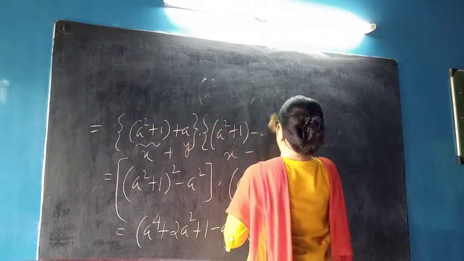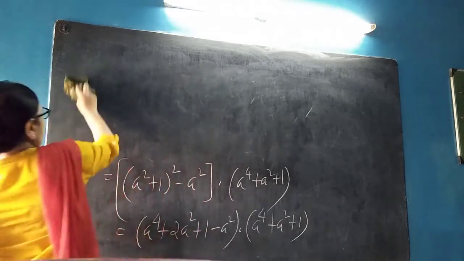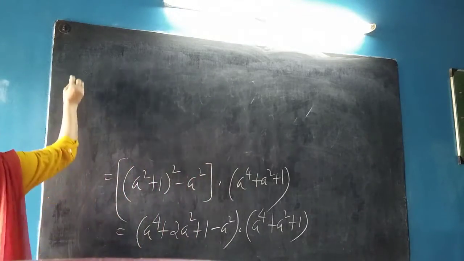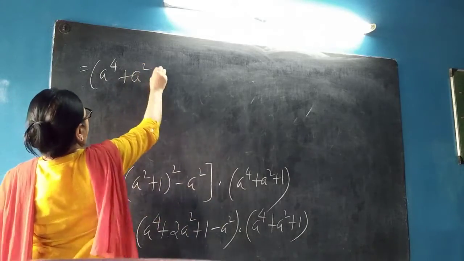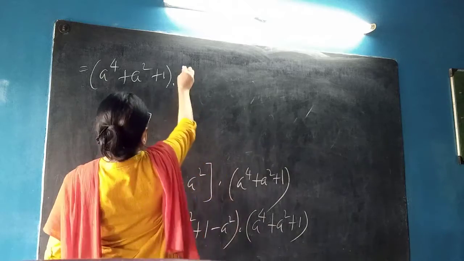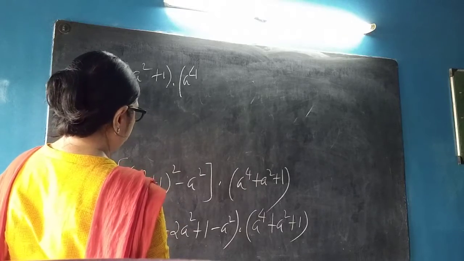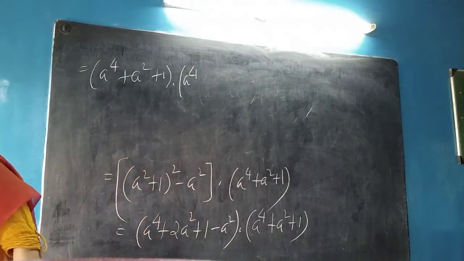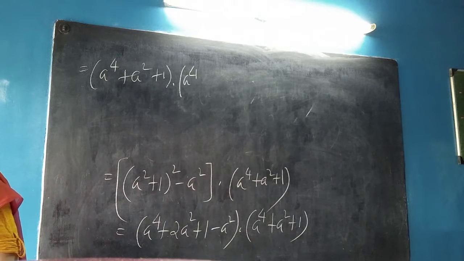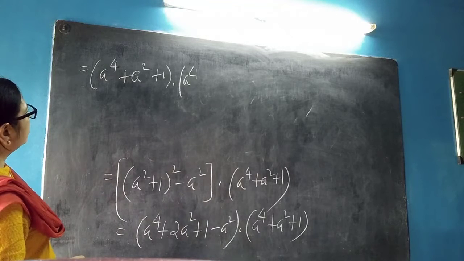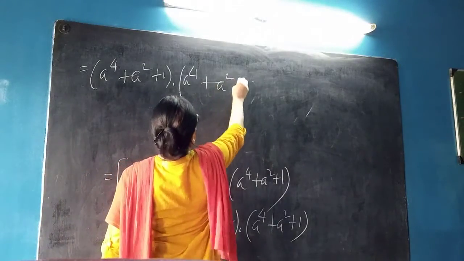Again, one more step first we will do: a to the power 4 plus 2a square minus a square means plus a square plus 1, and there is a to the power 4 plus a square plus 1, and that is also a to the power 4 plus a square plus 1.